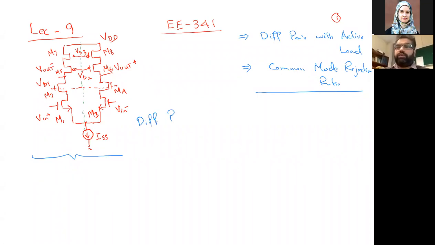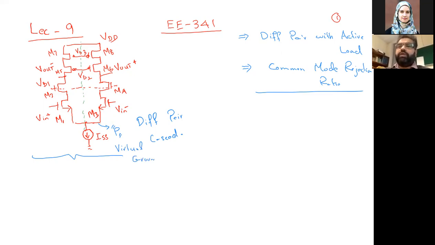Since it's a symmetric architecture, ultimately this point, if we call it point P, is an AC ground or a virtual ground.